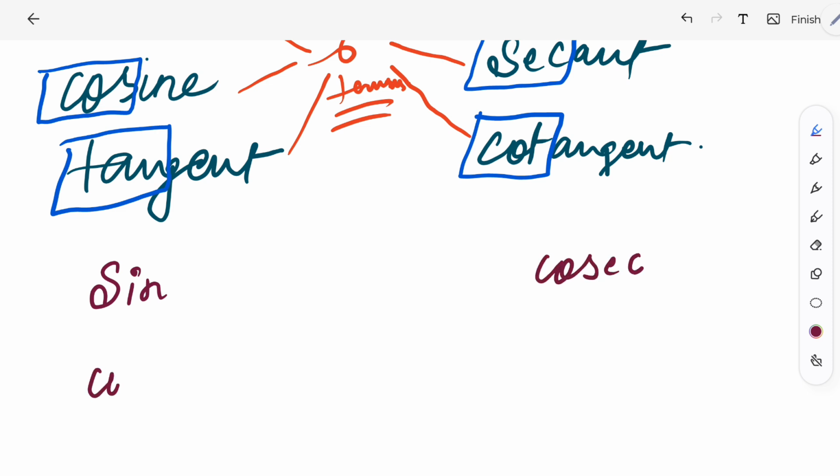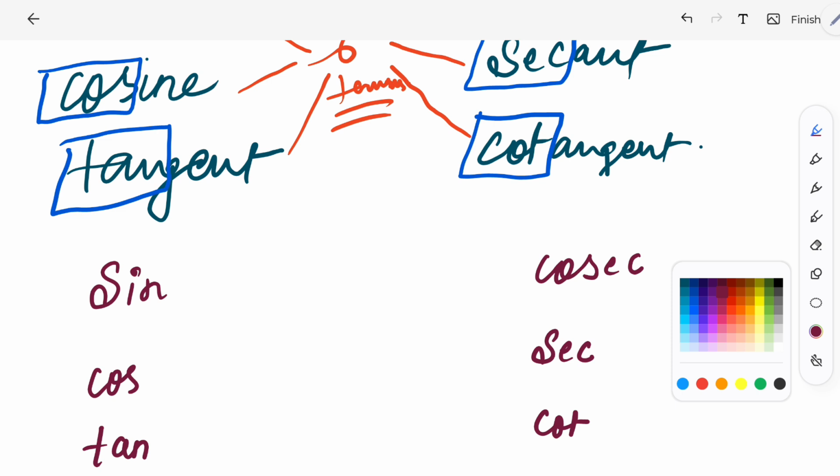This is cos, this is sec, this is tan, and the last one is cot. Now these short names are meaningless, because sin is not representing anything in trigonometry.